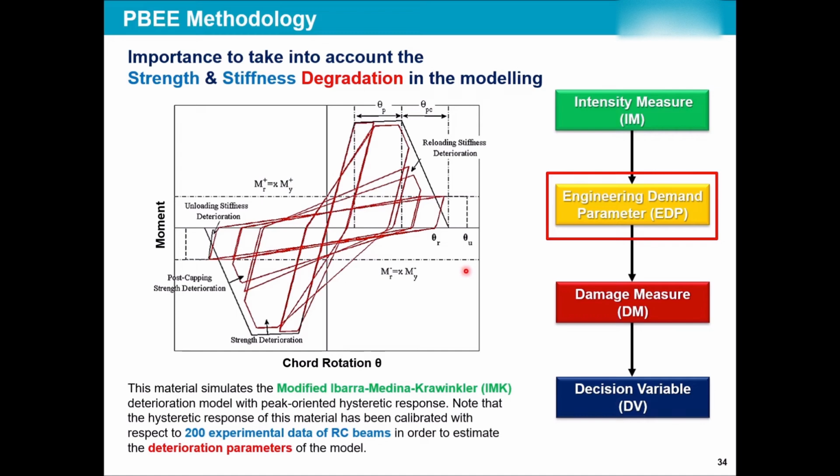So whenever you define an RC beam, the software knows that this is the hysteresis behavior of that component of your structure under any loading. Now this is moment rotation, so the software considers how you're shaking your building and it will follow such behavior.